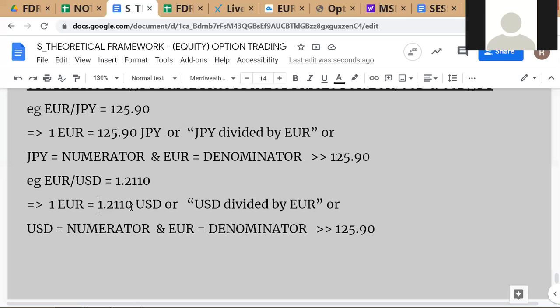Using a similar logic, in the case of Euro USD, it's 121.10.